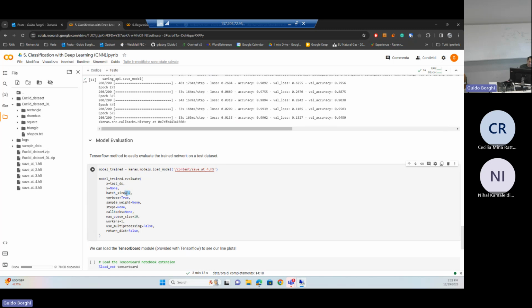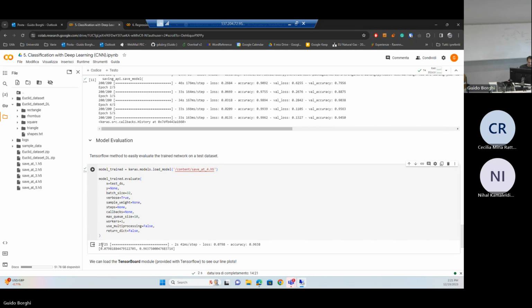The most important element here is the testing set on which you want to test your model. We can run this cell and we can see that we have 25 iterations since we have a batch size of 32. So if you multiply 32 with 25, you obtain the whole size of the set.